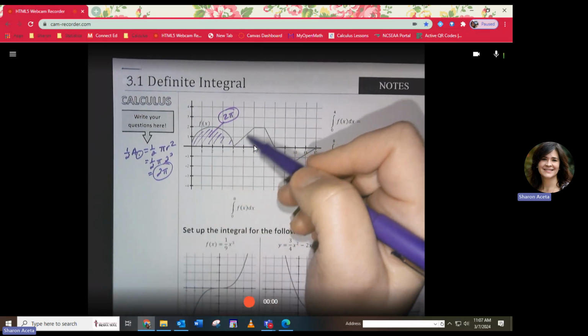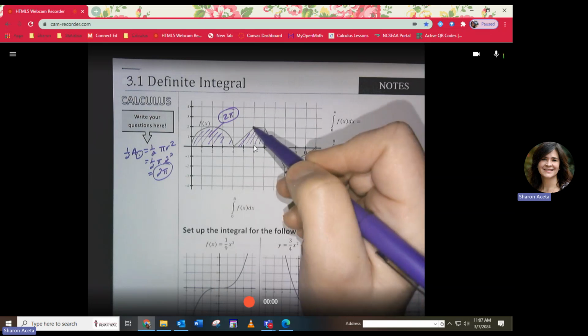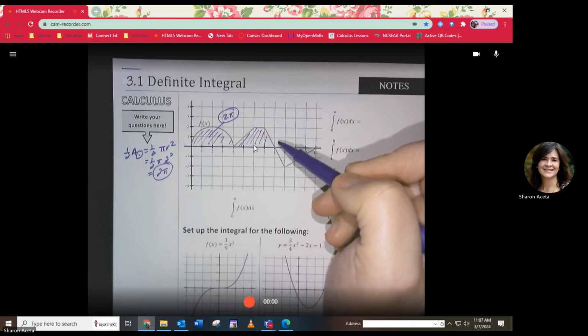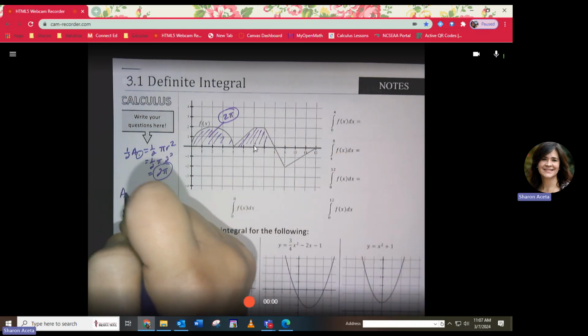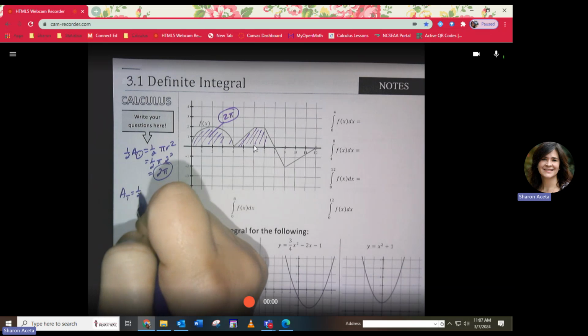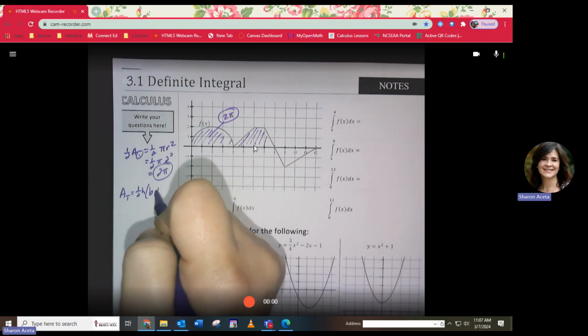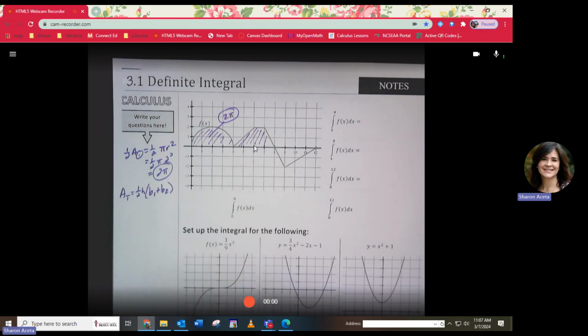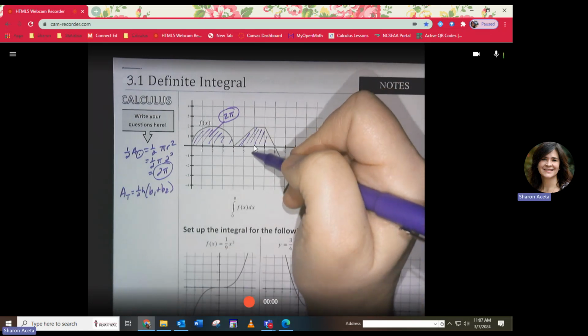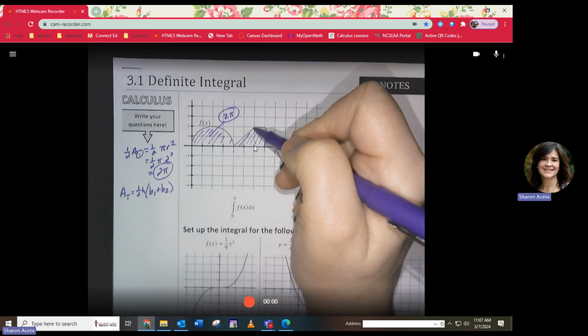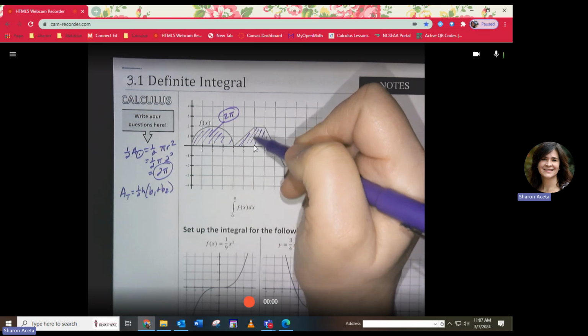This is a trapezoid. Remember, trapezoids have two parallel sides. And if you remember the formula for a trapezoid, it is 1/2 times the height times the two parallel bases added together. So the perpendicular height of this trapezoid would be 2 units, 1, 2.